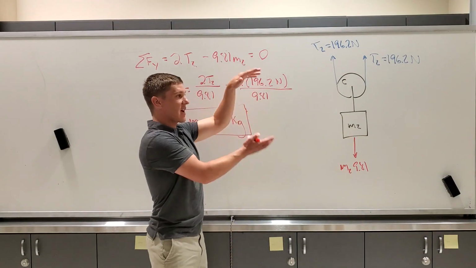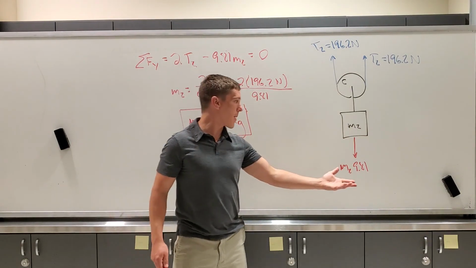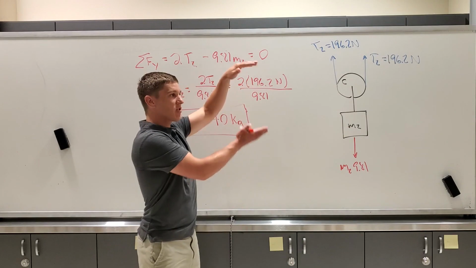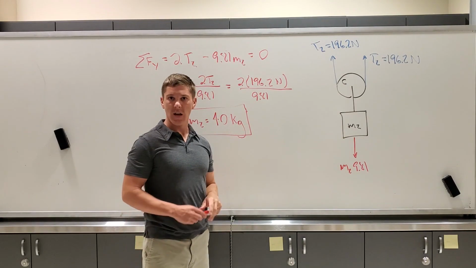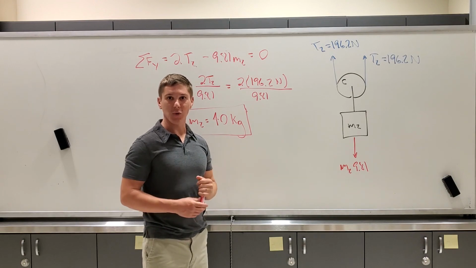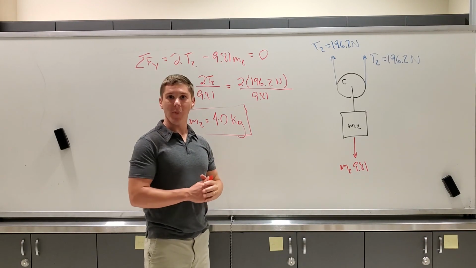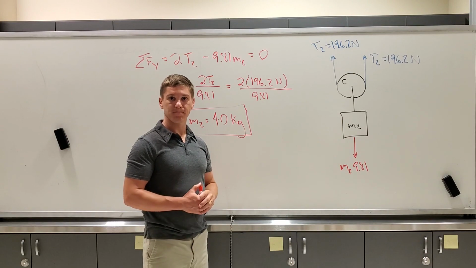So once again, let's say I want to lift the 40 kilogram mass by 1 meter, I would have to move that 10 kilogram mass downward by 4 meters. Does that make sense? I'm asking you in a YouTube video. I hope everybody understands that concept.